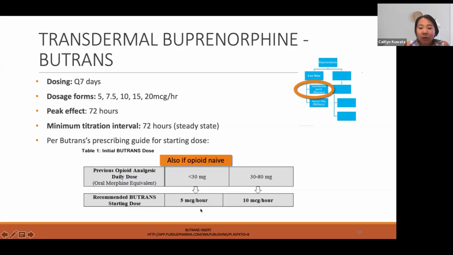But it just may be that you have to titrate up. If someone is using 30 to 80 milligrams of oral morphine equivalent, so someone who is not opioid naive, you could argue to start directly at the 10 microgram per hour patch. So maybe you already know they're going to need a little bit more right off the bat. You could start them off at 10 based on 30 to 80 oral morphine equivalents.